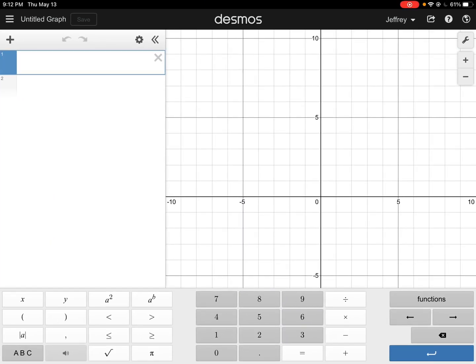Okay. So let me first put together, let's say I'm going to go with an exponential. So let me type in the function y is equal to e raised to the x power. Now, I want this to be reflected over the y-axis, and so I'm going to need to move it more to the right.